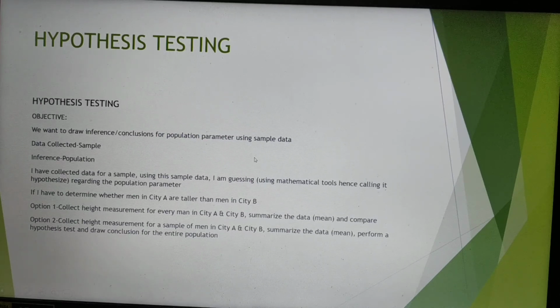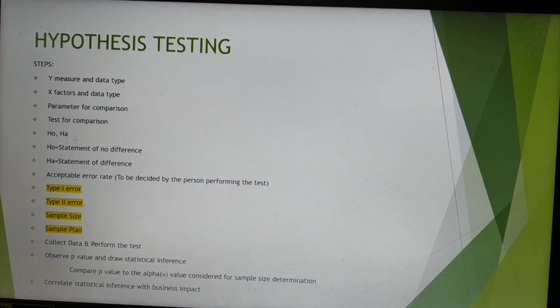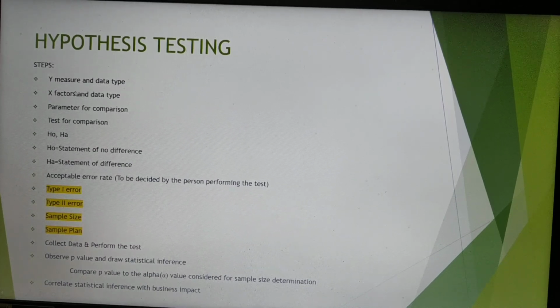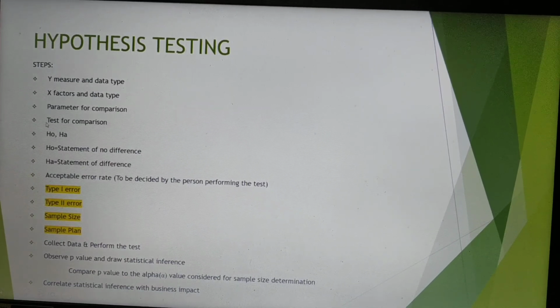Now, what are the steps for hypothesis testing? Given here are the steps for performing hypothesis testing. The steps might look too many, but we'll go through each step one by one. The first 4 steps are very critical, because here we actually see the data and put our brains together and decide which test to perform.